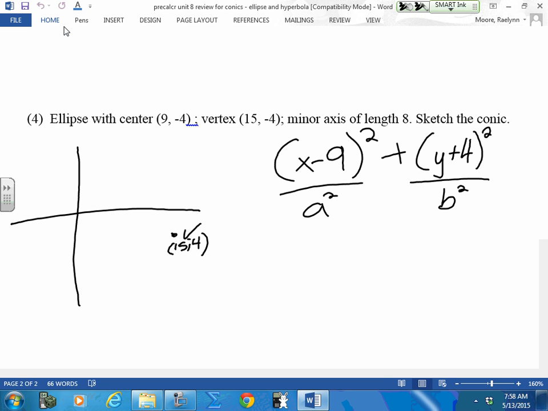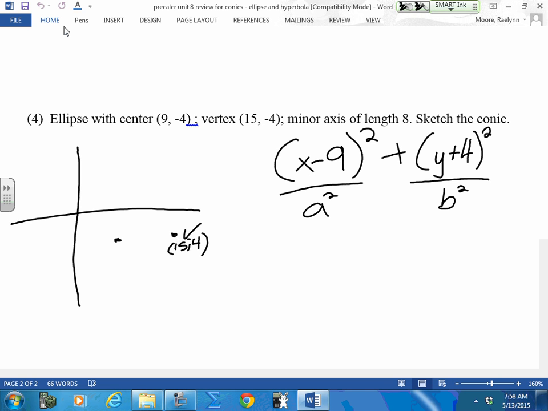Miss Morris, that's negative. Where's your center? For the vertex, would it be on this one? Yeah, but wait. Put your center first. Find your center.